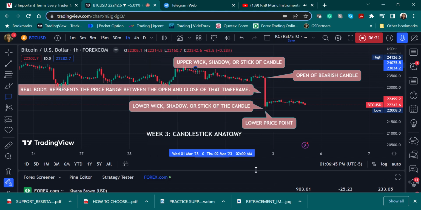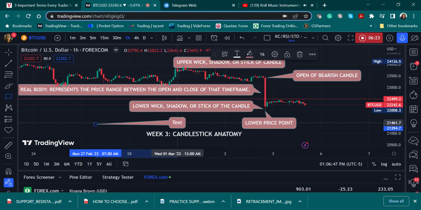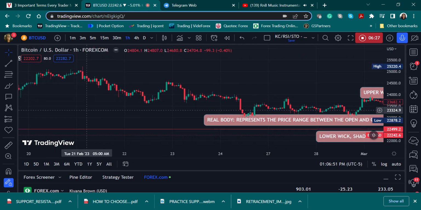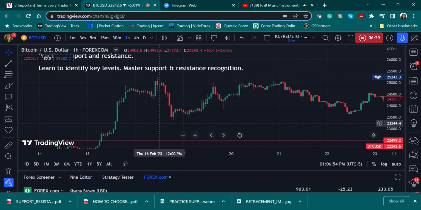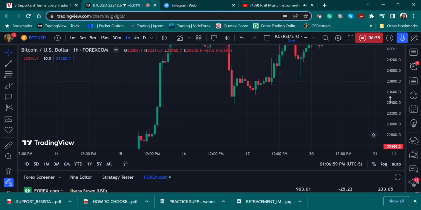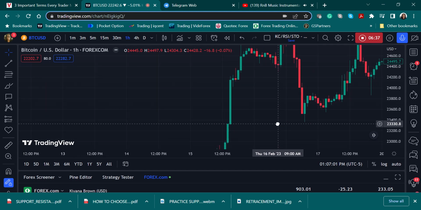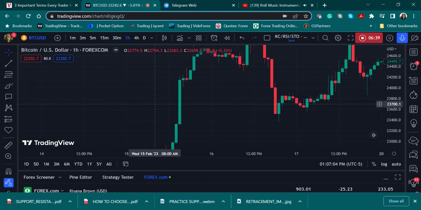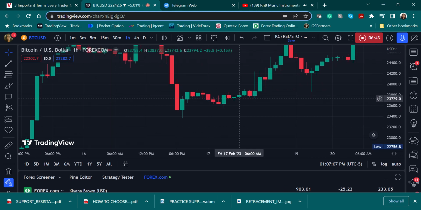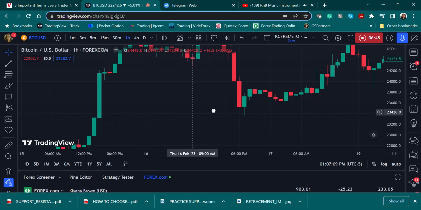And then let's go find a nice long green one so we have a nice description. Let me make this a little bit bigger so we can talk about it. I'm going to use this one right here.